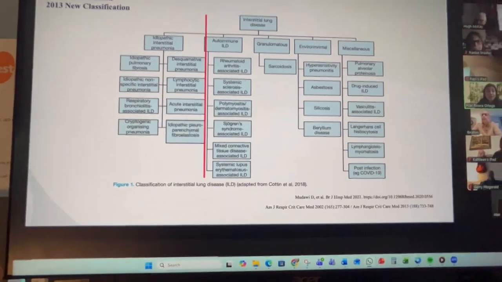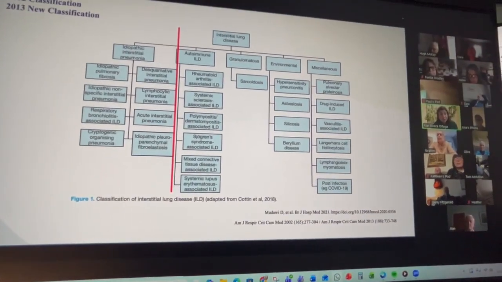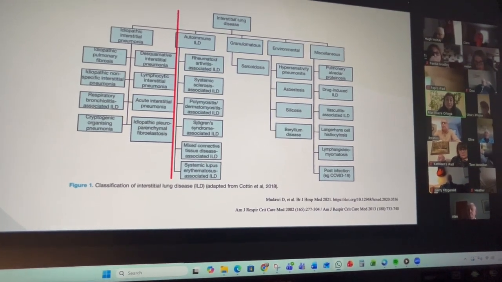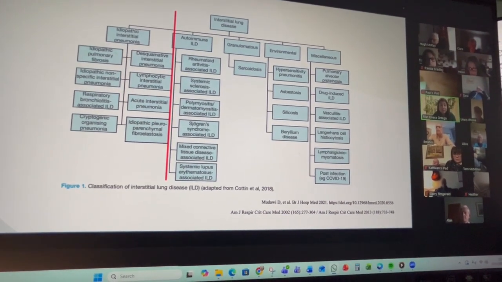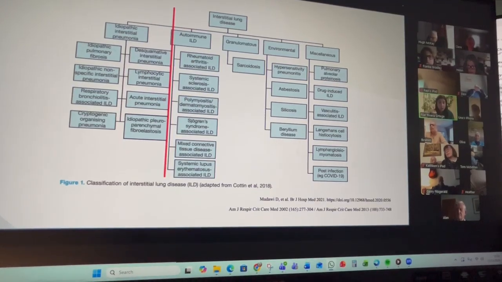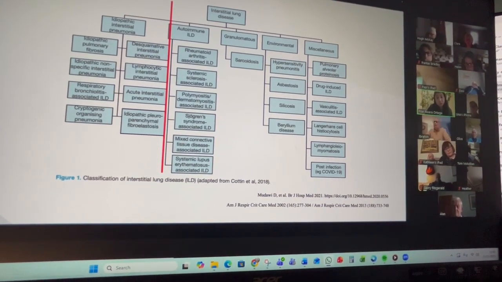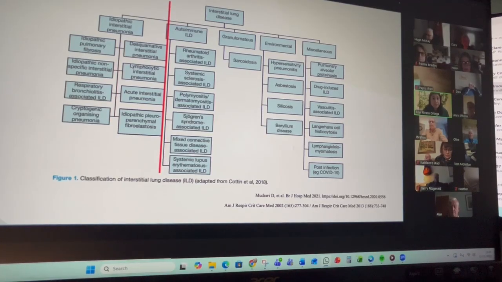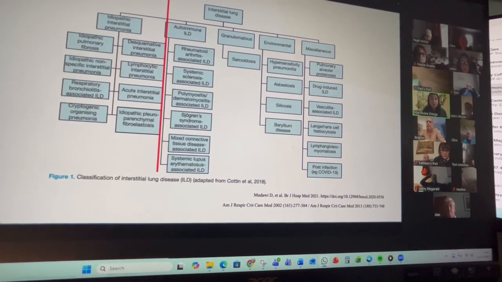If they have a family history of interstitial lung disease, we will call them familial interstitial lung disease.